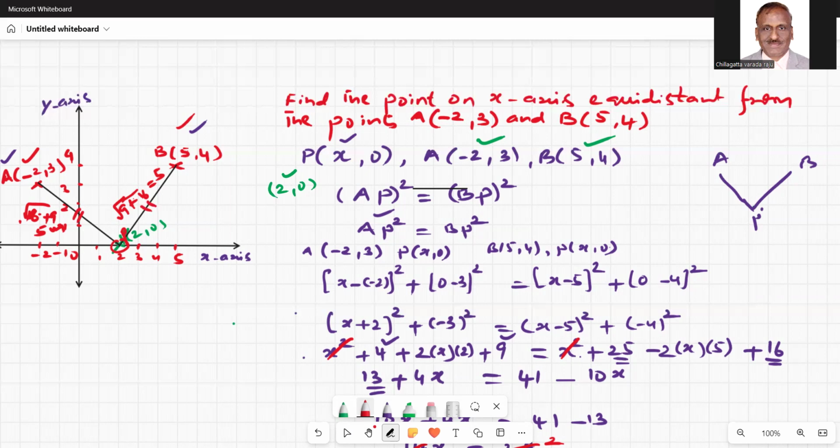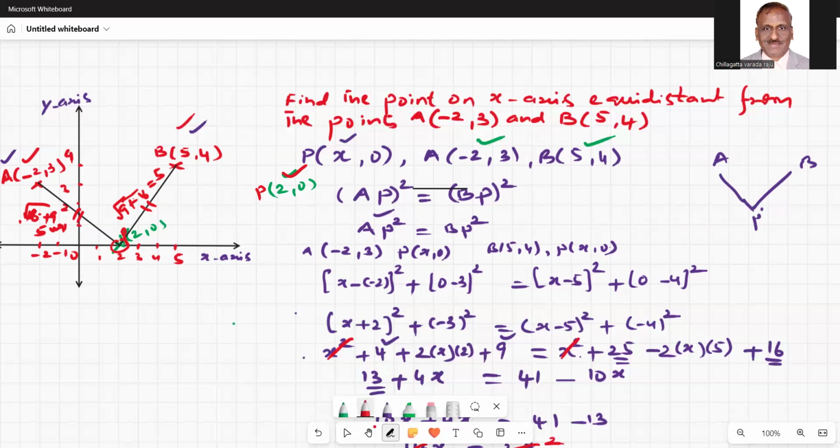So the solution we got, what is the question asking? Find the point on x-axis, so the point P (2, 0) is the correct point which is satisfying the given condition. So this is how we make use of the application of distance between 2 points. In the beginning, if you want to plot this point P, we don't know where exactly the point is, whether it is (2, 0) or any other point.